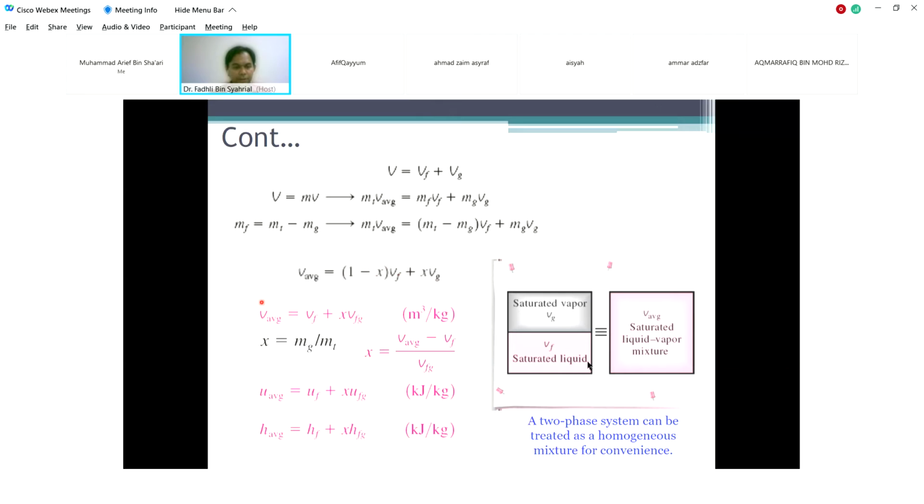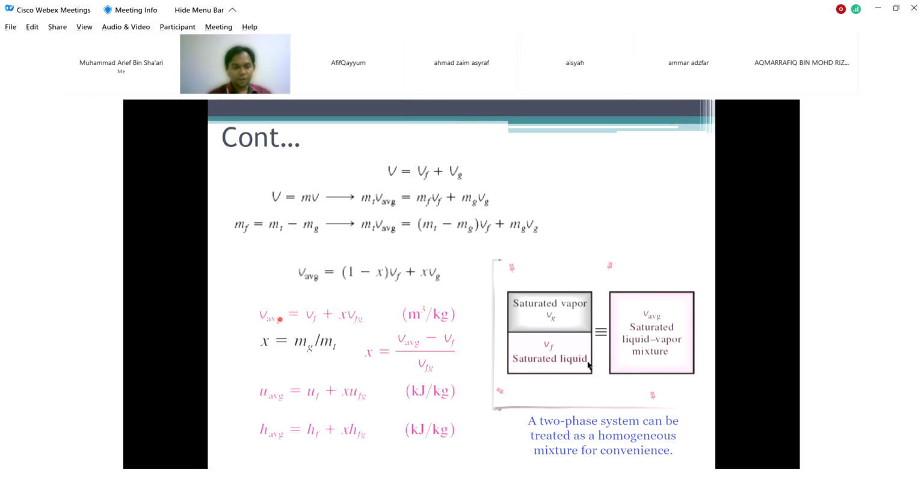So here is the main equation that we will use for the saturated liquid vapor mixture phase. If we want to find the specific volume for a saturated liquid vapor mixture, we have to use this equation.